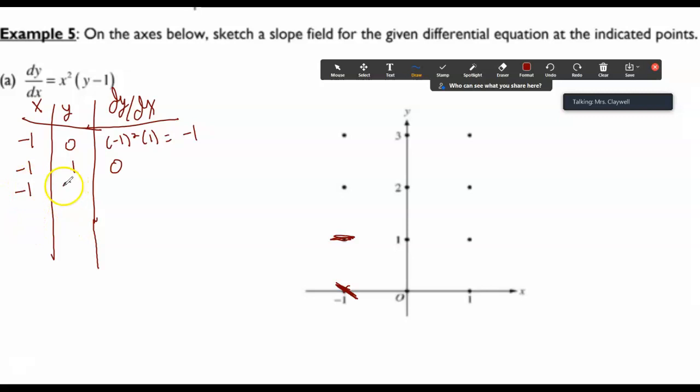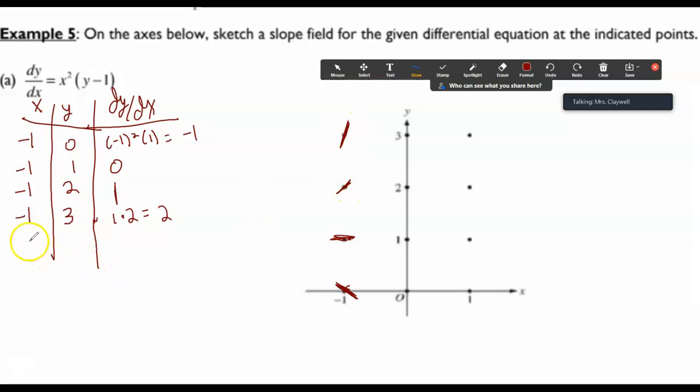I put in -1, 2, I get a 1. I'm just plugging those in. I'll do this next one: -1 times 3. I'm going to get a 1 times a 2, which equals 2, so just a little bit steeper than my 1.